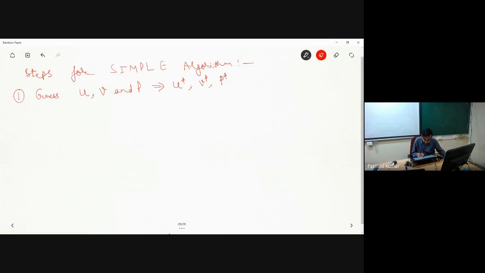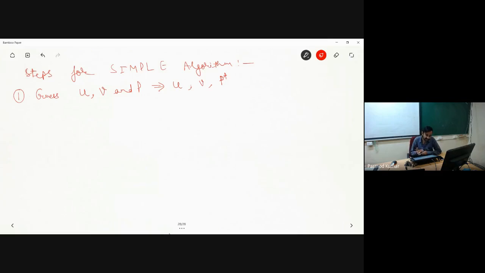Can you tell me why I have initially guessed U star and V star, or U and V also? For the correction of P. Yes, we will use U star, V star for the correction of P, which we can calculate from the momentum equation.